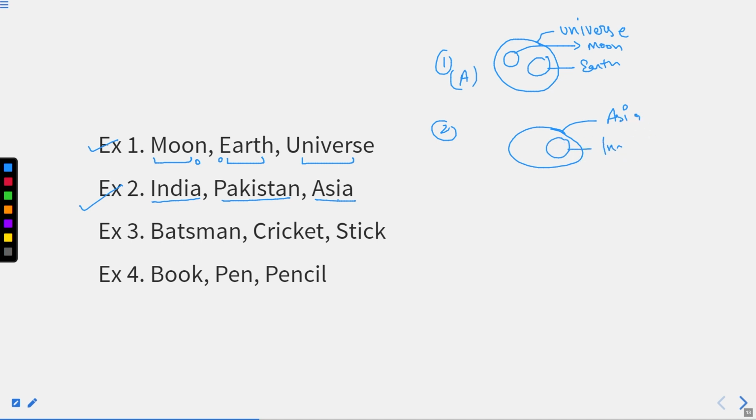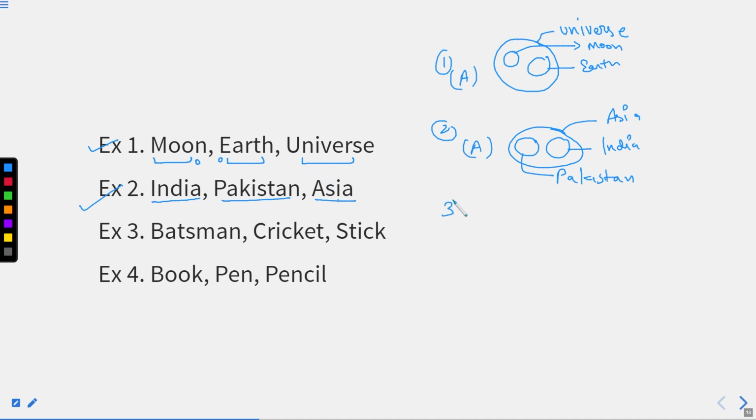We used to consider Pakistan as a part of India, but as of now, Pakistan is a separate country. So Pakistan is a different country. Don't you think we have represented all three things with the help of this diagram? So again, option A is correct, from the options that we read in the previous slide.